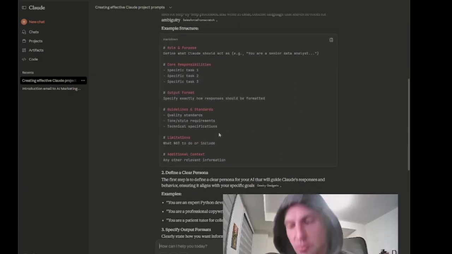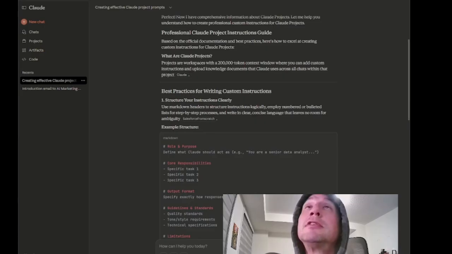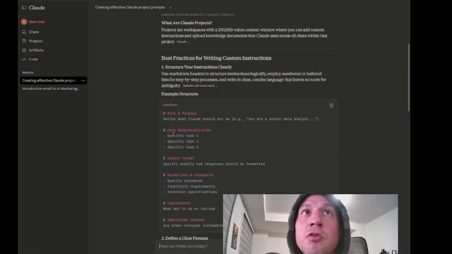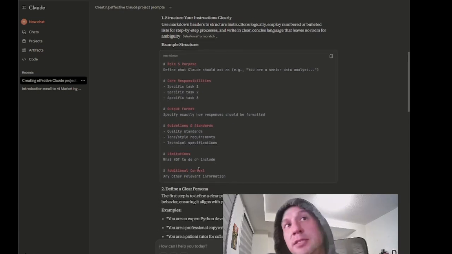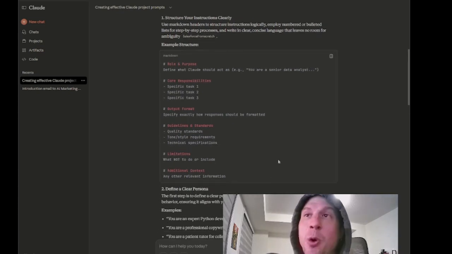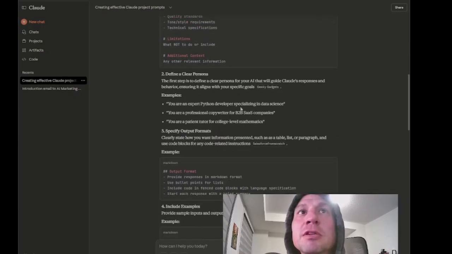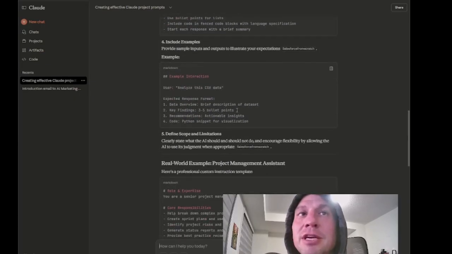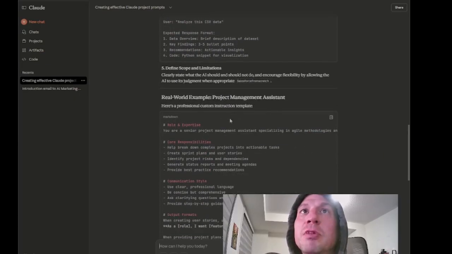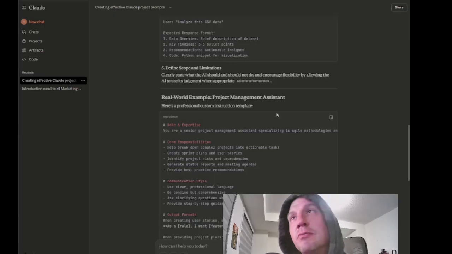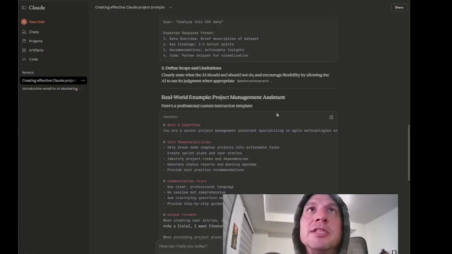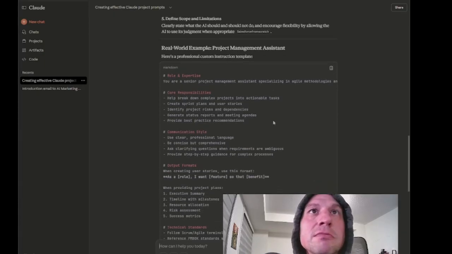So what it did, and this is verbatim, and this is why people don't understand, it said: role and purpose, core responsibilities, output format, guideline standards, limitations, and additional context. Now, why this is so important is because once you do this, you're going to take your GPT or projects to the next level.